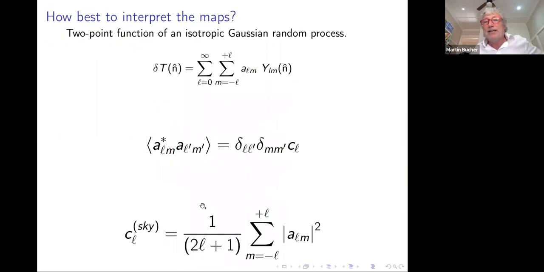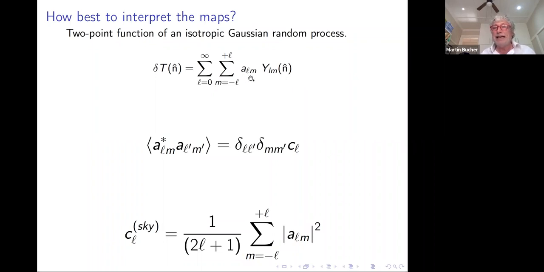So this goes back into theory. If you have a statistical process that is isotropic, so there's no preferred direction in the sky, with respect to generating the perturbations, each map will have its peculiarities, but you're interested in the underlying process, then expanding in spherical harmonics makes a lot of sense.